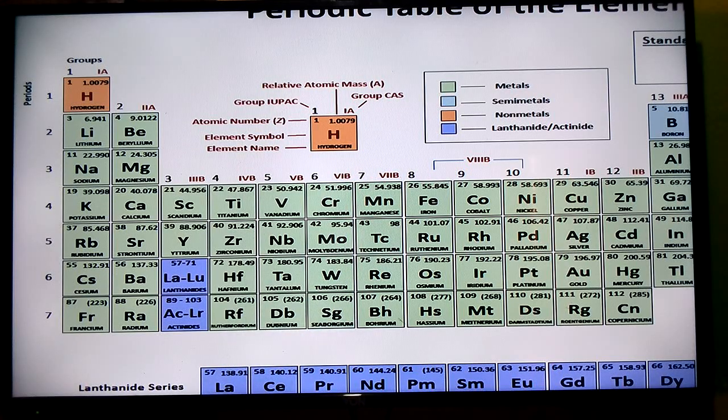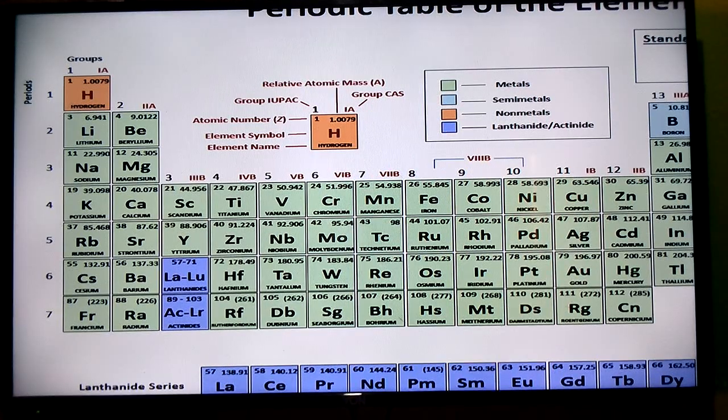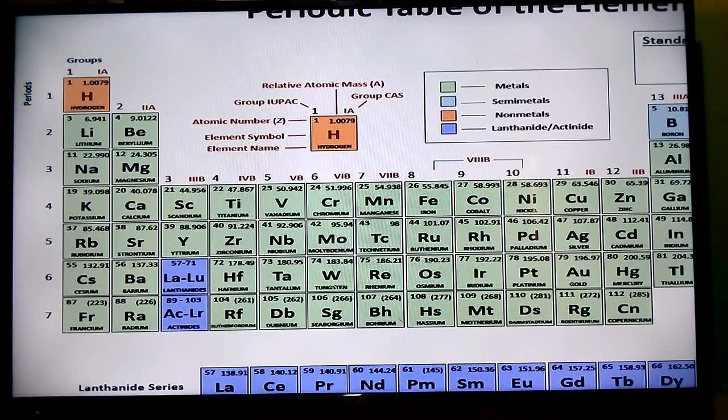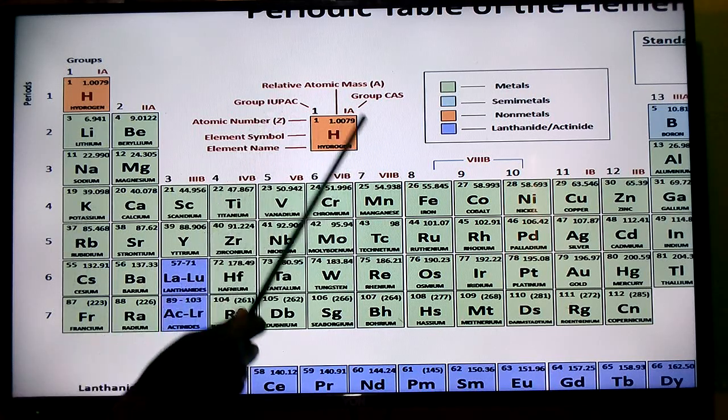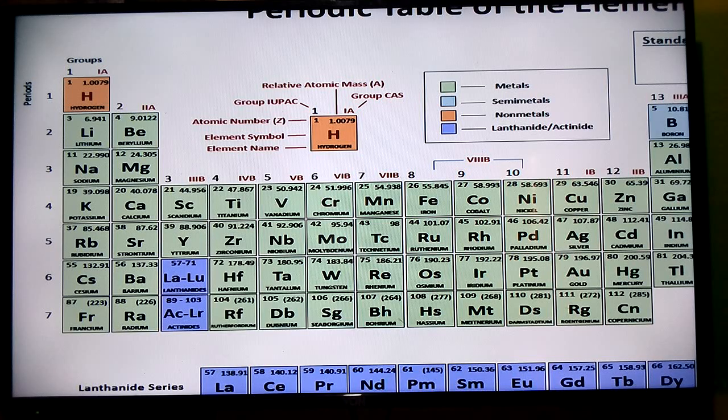This denotes the registry of the Chemical Abstracts Service, which gives a unique identifier for these individual elements. So in that respect, we're going to consider this particular format in this periodic table.